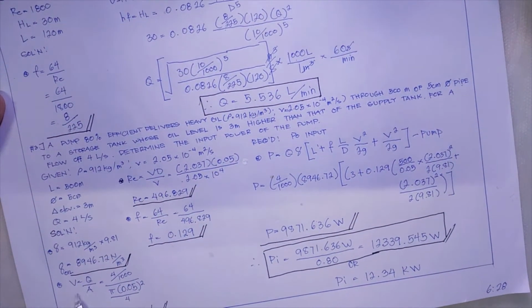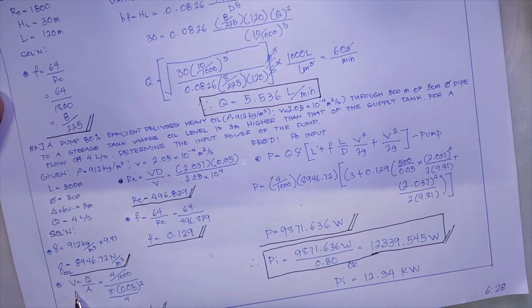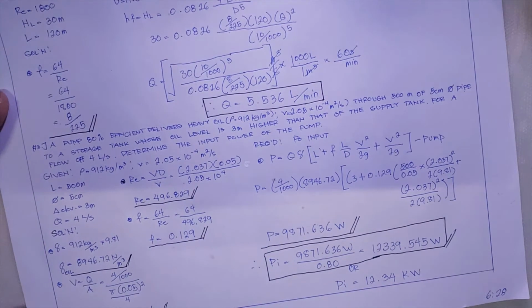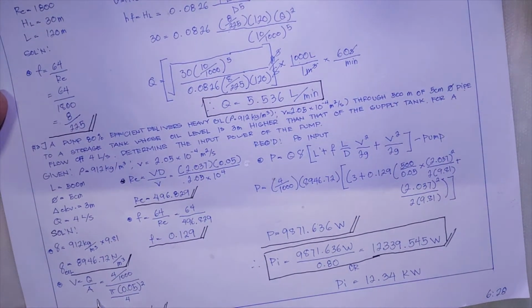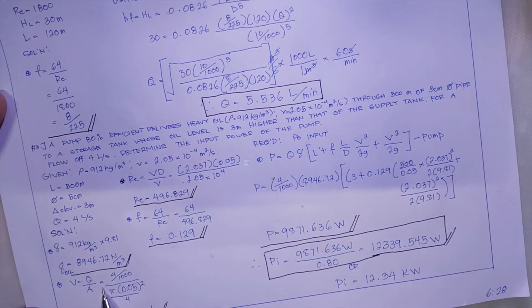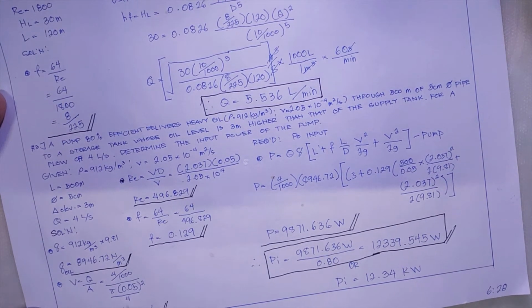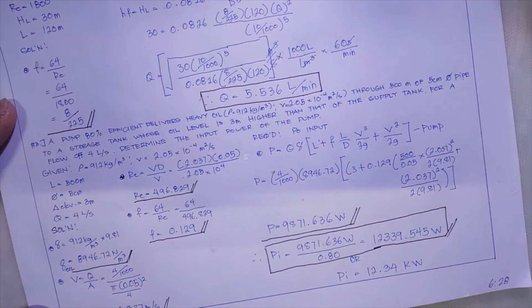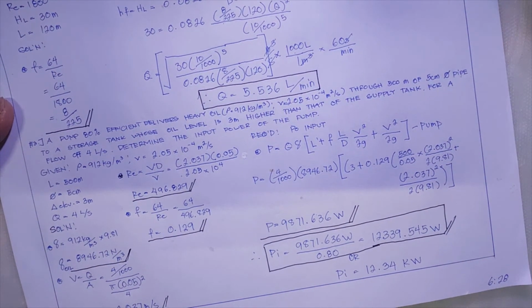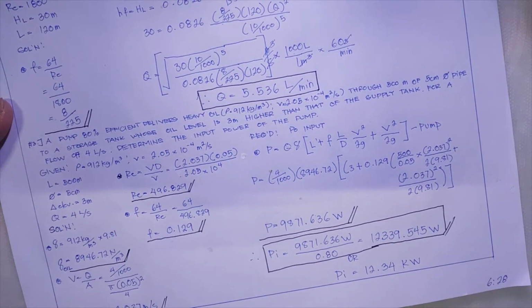The next is our velocity, which is equal to the discharge over the area. Substituting the values, 4 over 1000 is equal to pi diameter squared over 4, where the value of the diameter is 0.05. So we'll have velocity equal to 2.037 meters per second.